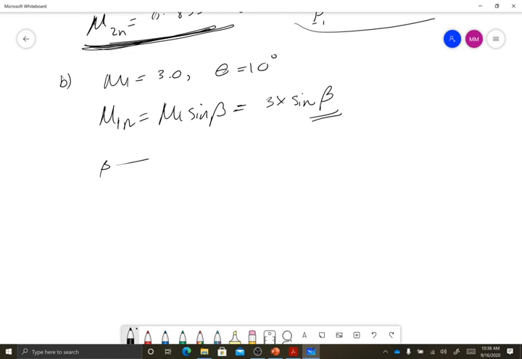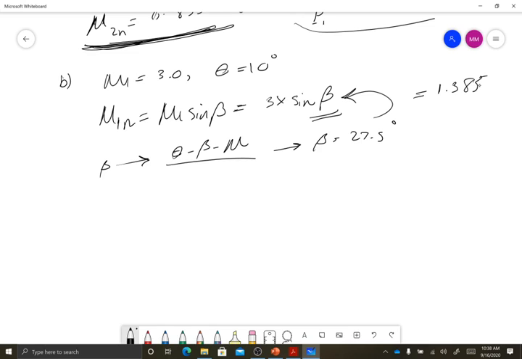Beta from the theta-beta-M relationship, or the figure, is going to be 27.5 degrees. Plug this in here. The normal component of the Mach number on the lower surface is going to be 1.385.